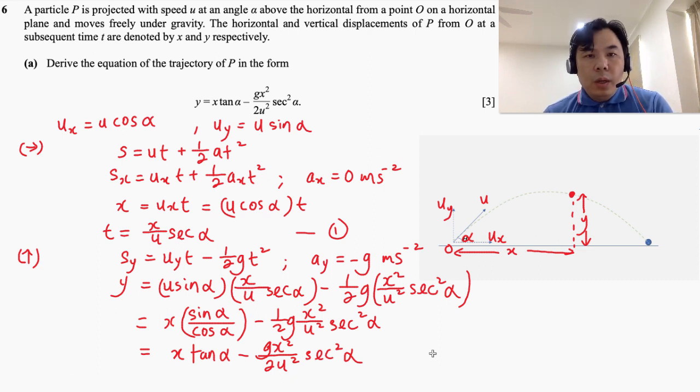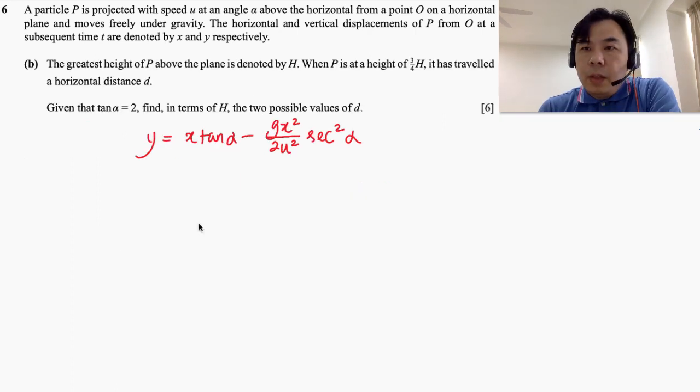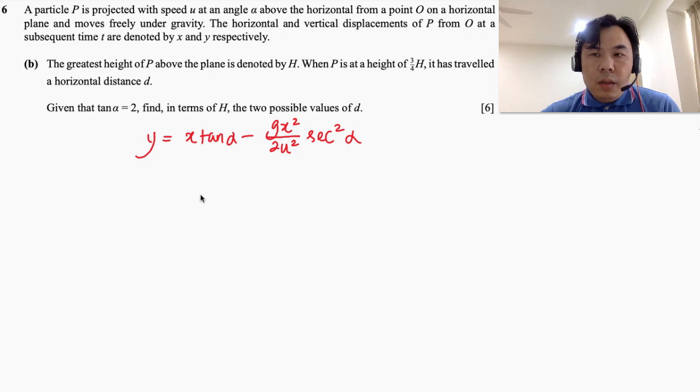So stay tuned, I'm going to show you the next section, B. All right, now this is the last section here. B: the greatest height of P above the plane is denoted as H. When P is at height 3/4 H, it has traveled a horizontal distance D. Now this is merely the substitution of all these values into the trajectory equation here.